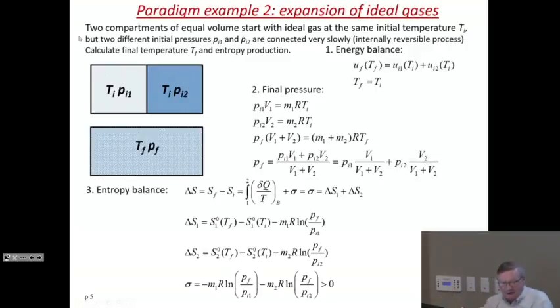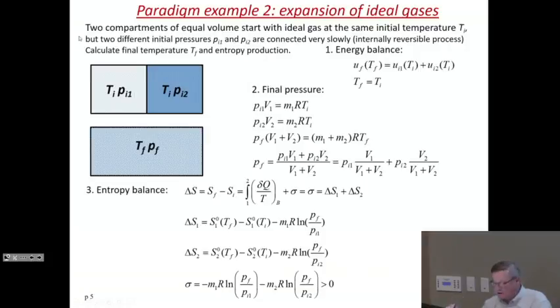Now, the entropy balance is much more complicated, because the entropy balance is the final minus the initial, which again is the change in heat across the boundary. Well, we assume that the whole thing is perfectly thermally insulated, so that delta Q is zero, so that the entire entropy balance is actually the irreversible entropy of mixing of the two gases.